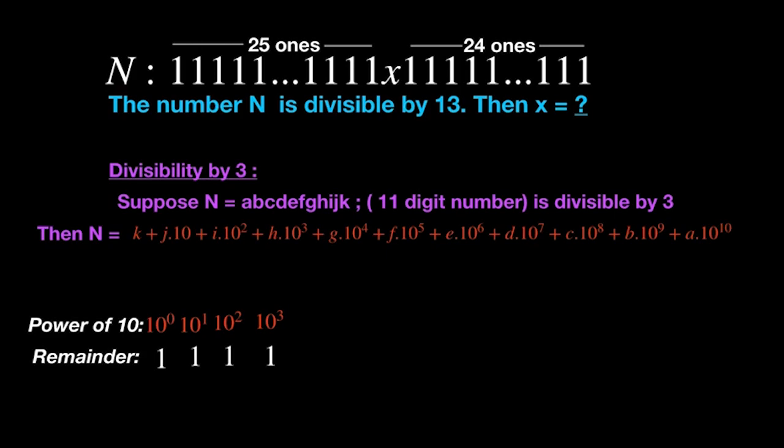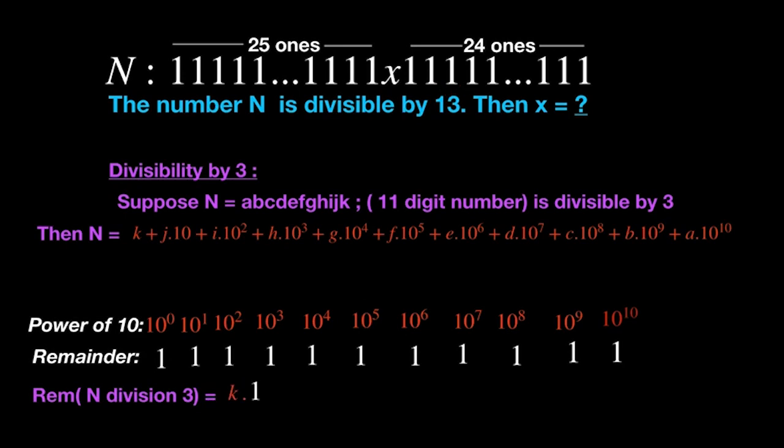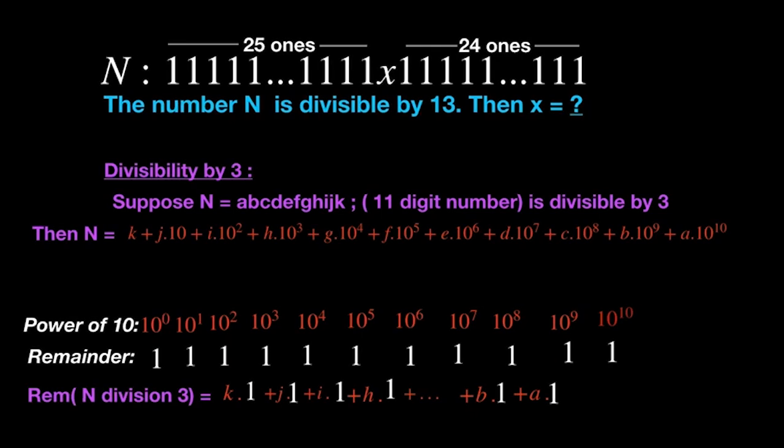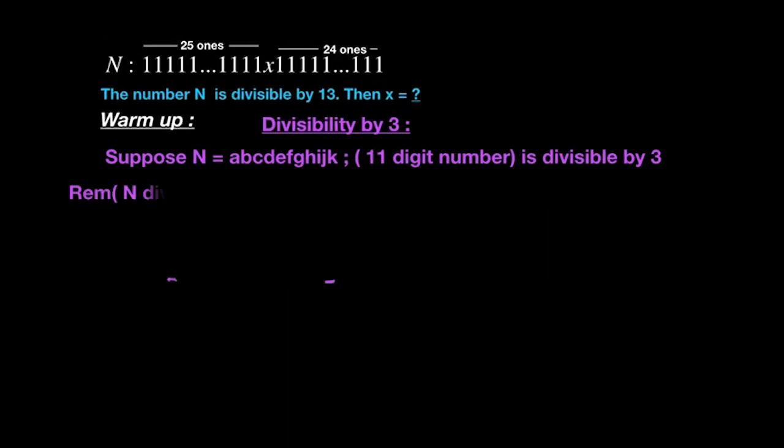Also, if 10 gives remainder 1, then 10 squared gives remainder 1 squared, that is 1, and 10 cubed gives remainder 1 cubed, that is 1. So all powers of 10 give the same remainder 1. In this way we find the remainder of N: K into 1 plus J into 1 plus I into 1, and so on.